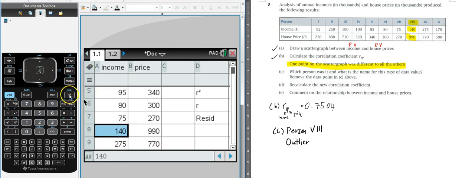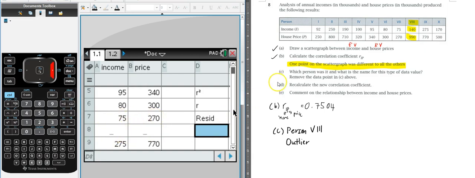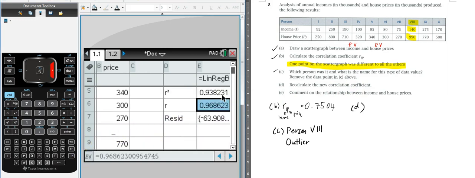Just press delete, and delete this X and Y value. Okay, so after that, question D, you're done. Recalculate the new correlation coefficient. You don't need to retype everything and recalculate. You just need to delete it. So I already deleted. So let's check what is the r value.